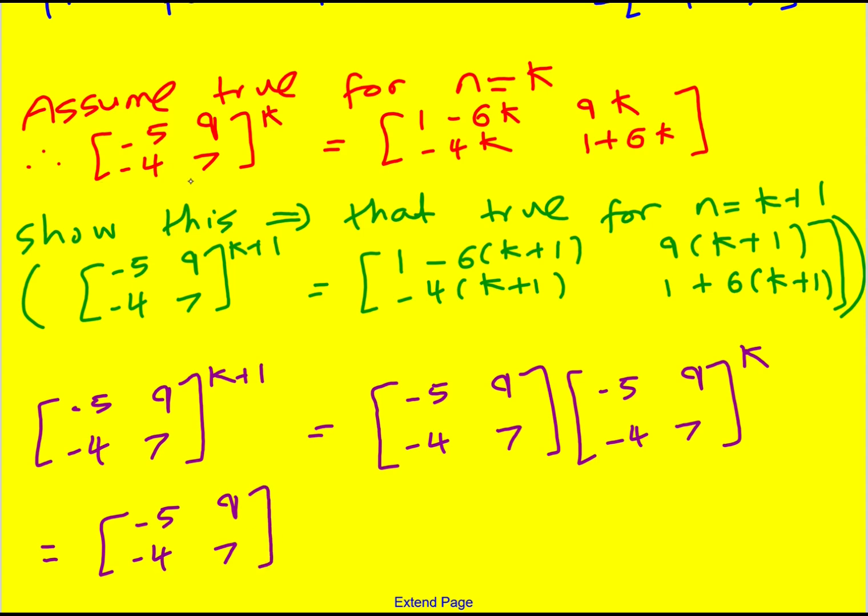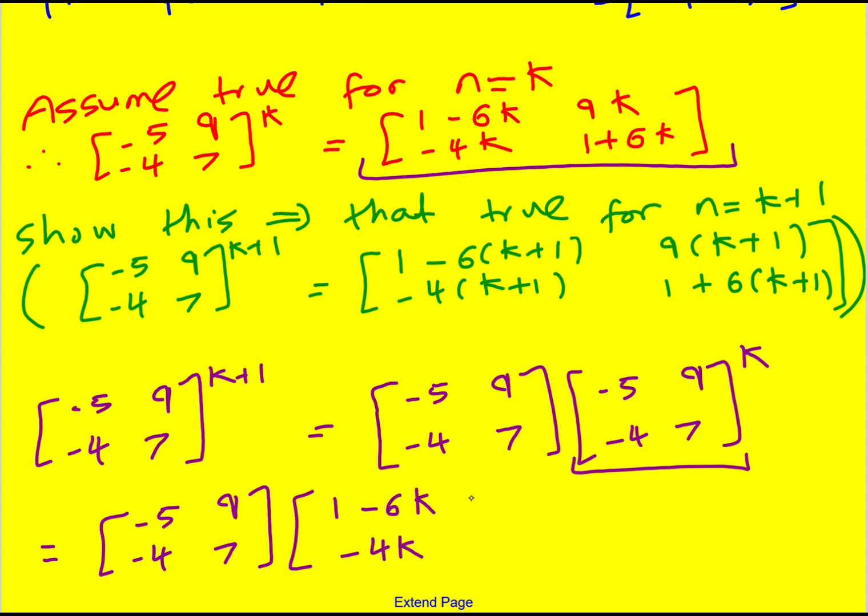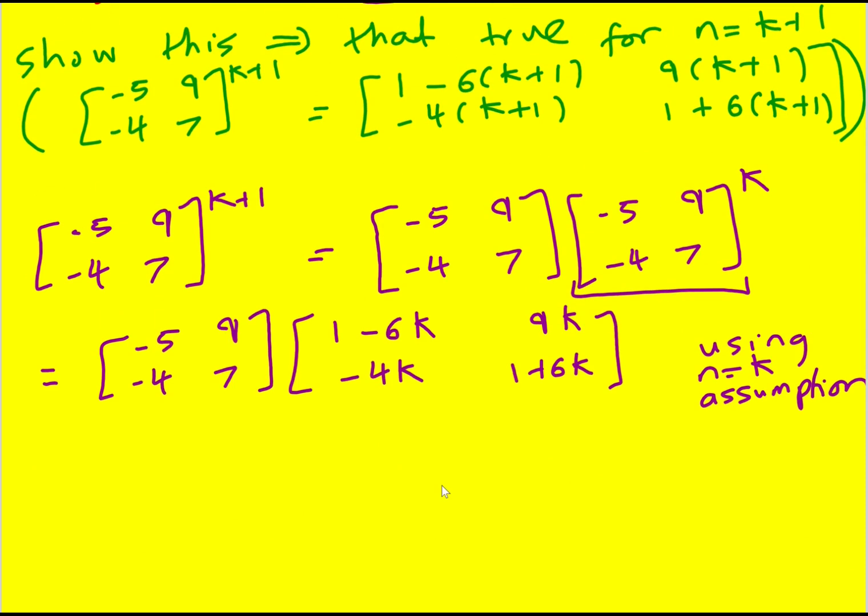I'm going to replace this by this. Okay, and then let's multiply this out and try and get the green matrix here.